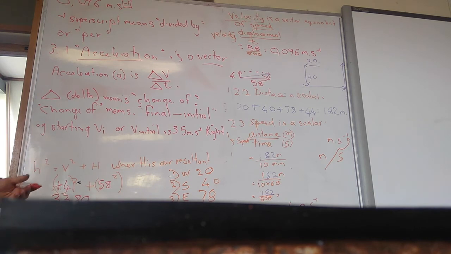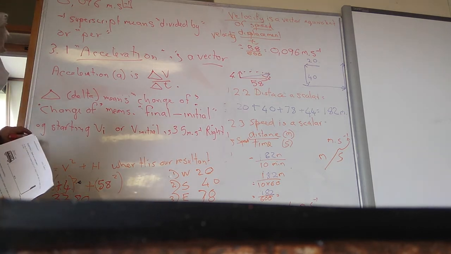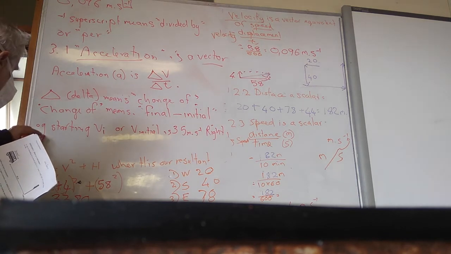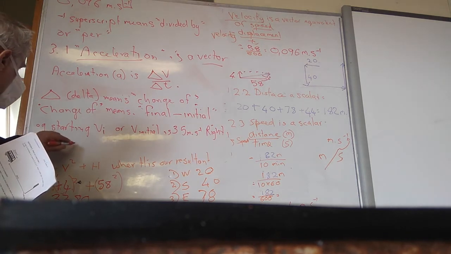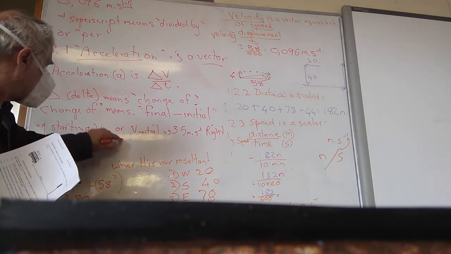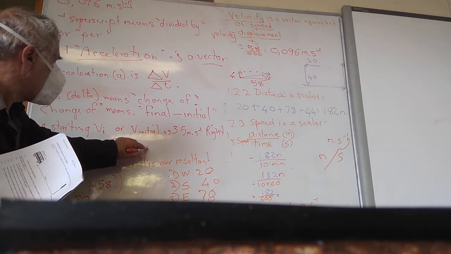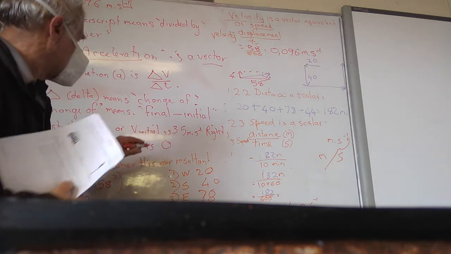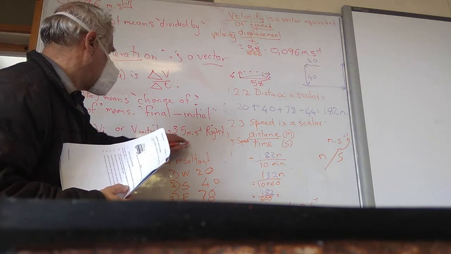Thank you. You're a genius, my son. Okay, so let's say VF or V final of taxi is 0 meters per second. We don't have to give a direction. 0 doesn't have a direction.